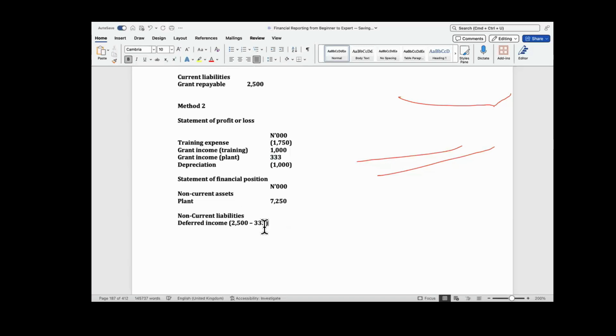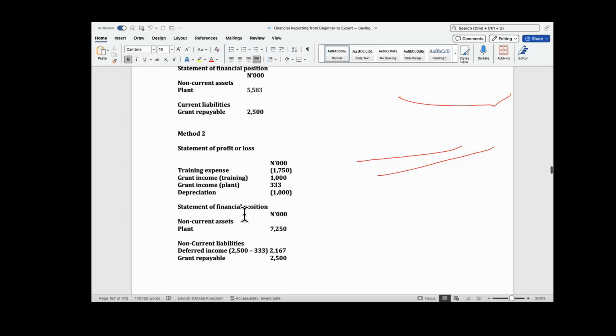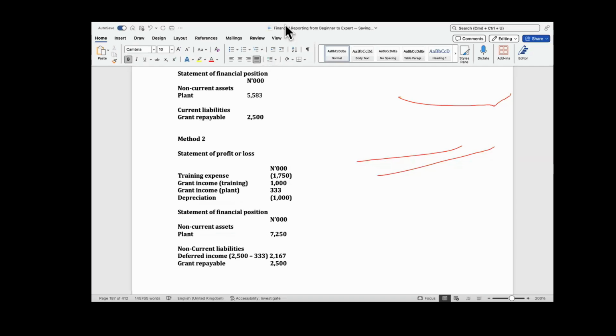So how much will now remain in deferred income? Can you give me the difference? 2,167,000. And the grant repayable is the 2.5 million. That's the end of this question here.